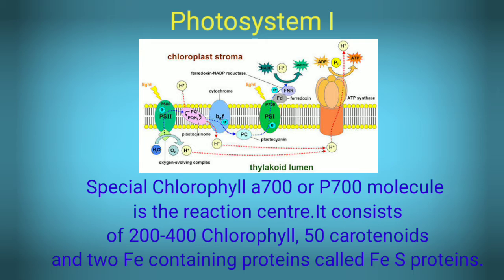Now, these ferrous sulfur proteins are the primary electron acceptors of PS1. So they accept the electrons that come from the other part of the thylakoid, that means from the antenna molecules of the thylakoid.